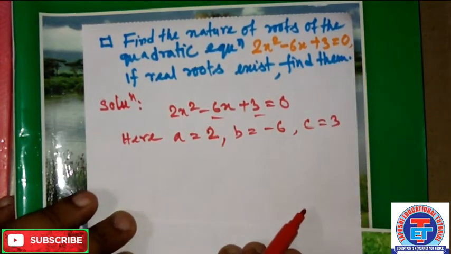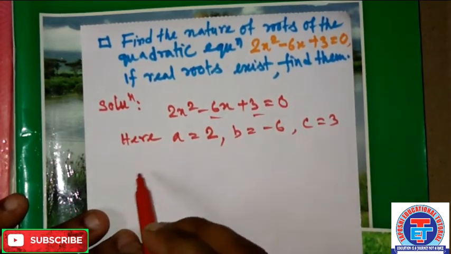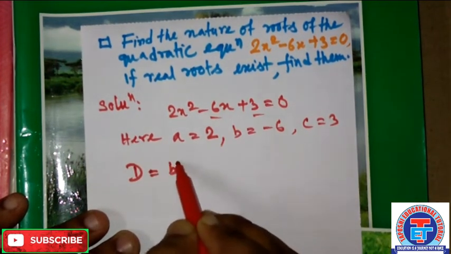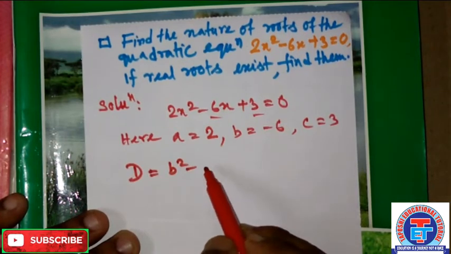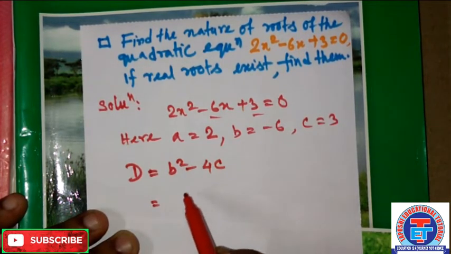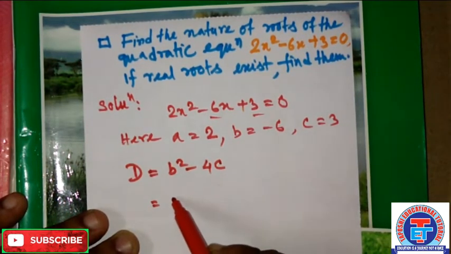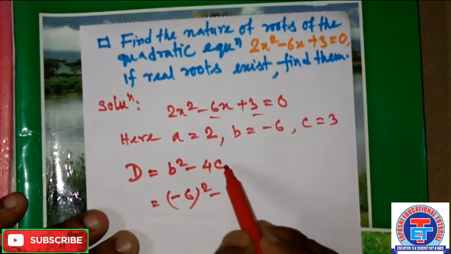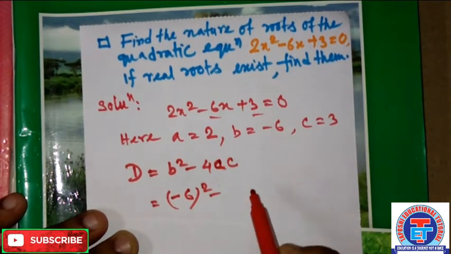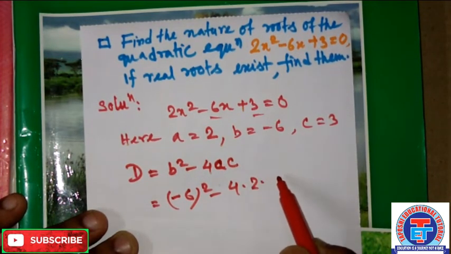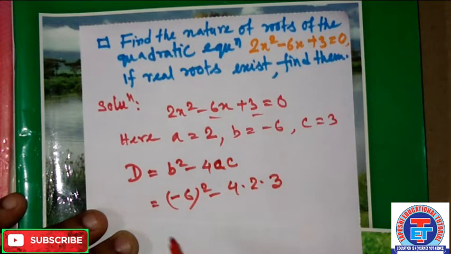Okay, so now the discriminant D is equal to b square minus 4ac. Now put this value, it will become minus 6 whole square minus 4 into 2 into 3, right?